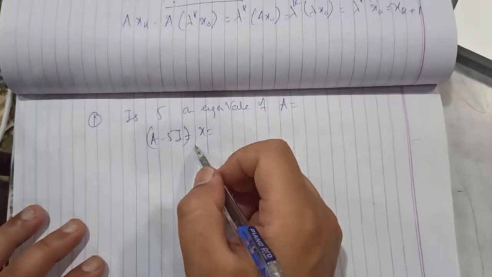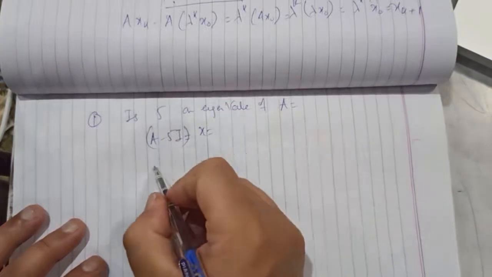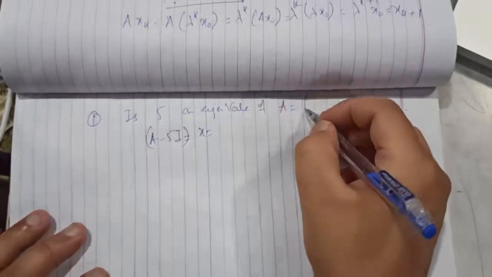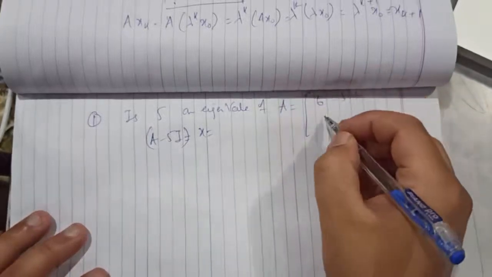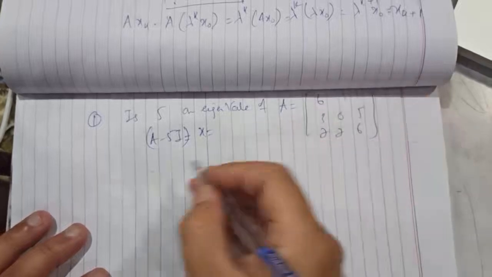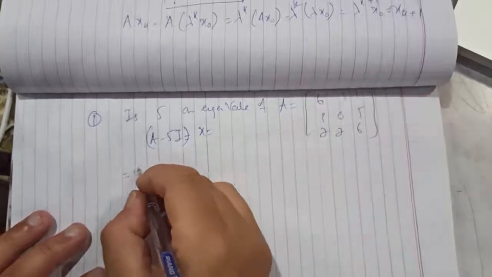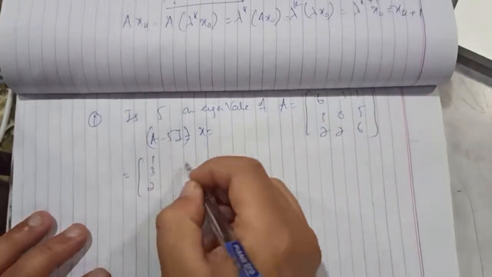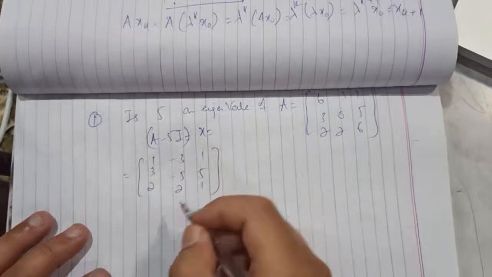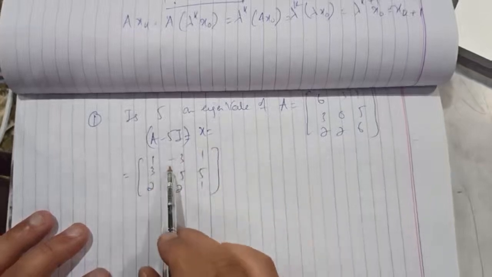If A is given as 6 minus 3 1, 3 0 5, 2 2 6, then A minus 5I will become 1 3 2, minus 3 minus 5 2, 1 5 1.